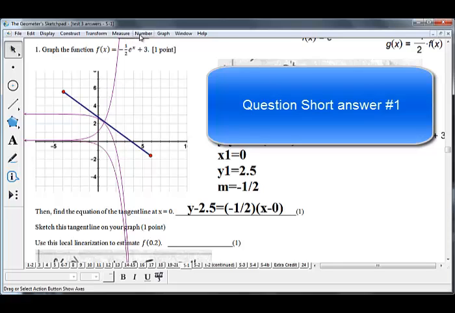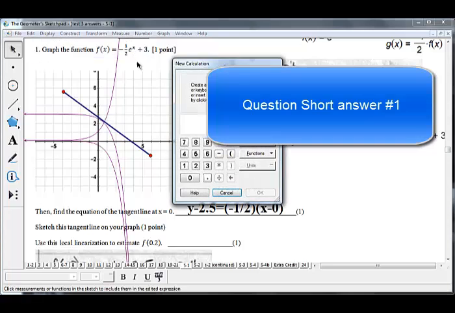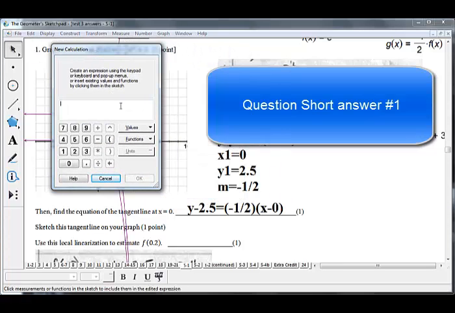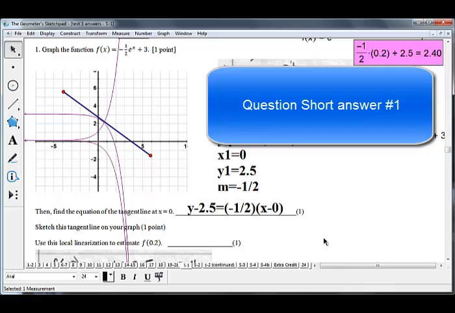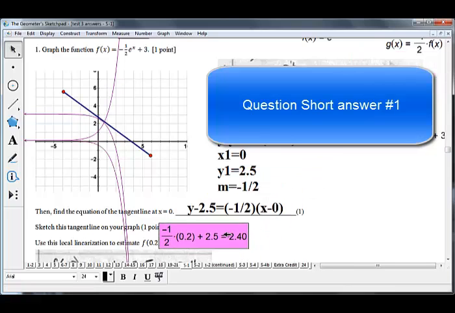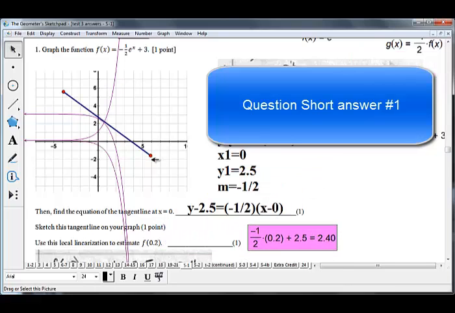So I can calculate negative 1/2 times 0.2 plus 2.5, and the answer is 2.4. That was pretty simple arithmetic, and you really don't need a calculator for it. And you can see that it would make sense to be just a little bit smaller than 2.5, so it's about 2.4.